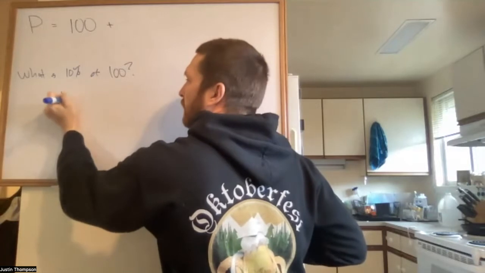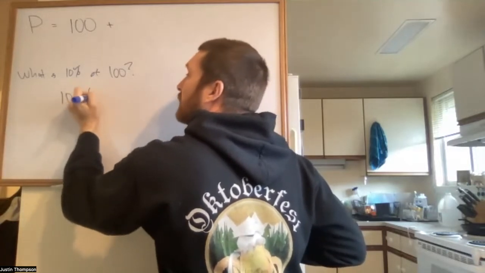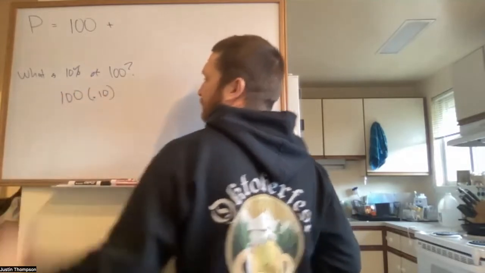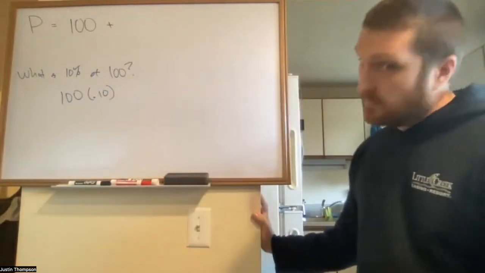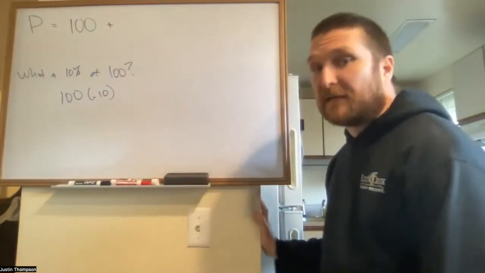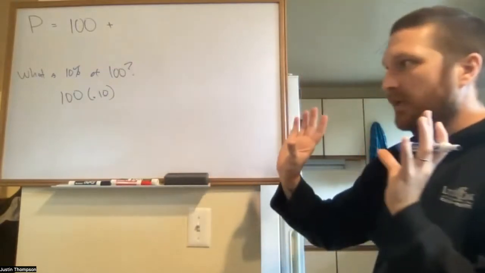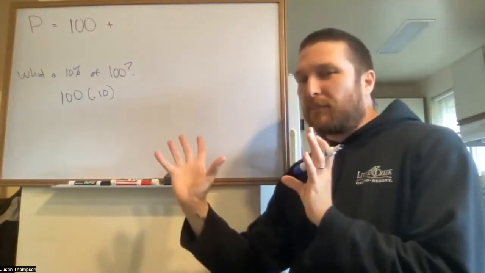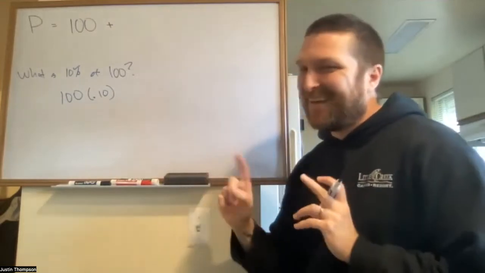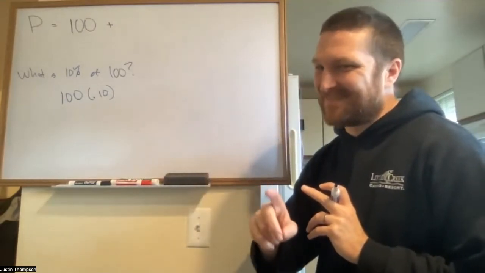100 divided by 10, or 100 times 0.1. Times 0.1. And you're right, it is divided by 10. But since we're talking about percentages, we're taking a very easy problem, but we're anticipating that, hey, this isn't always going to be 10%.